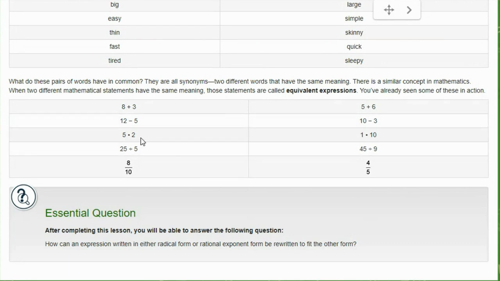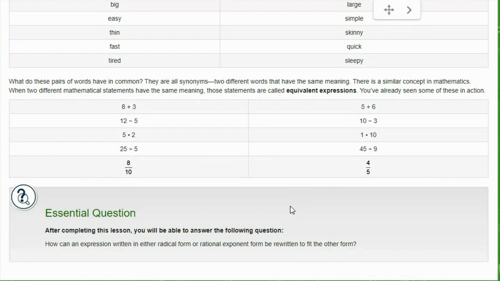Equivalent expressions. 5 times 2, 1 times 10. 25 divided by 5 or 45 divided by 9. Those are equivalent expressions because either of those is 5. Or even in fractions, 8/10 and 4/5, because those equal the same amount.